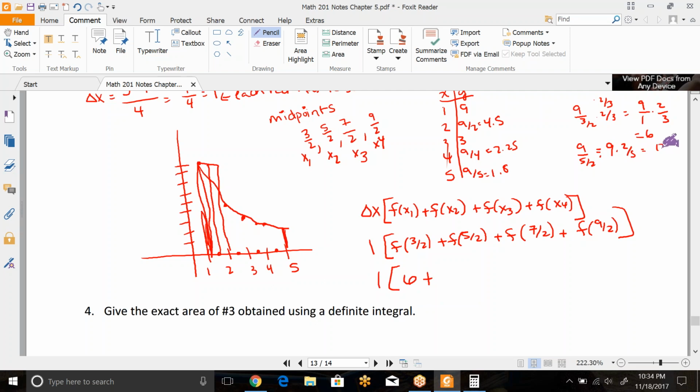So that's going to be 18 over 5. 9 over 7 halves would be 9 times 2/7, which is going to be 18 over 7. And 9 over 9 halves would be 9 times 2/9, which is just going to be 2.